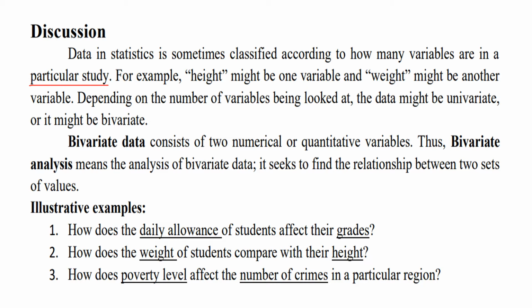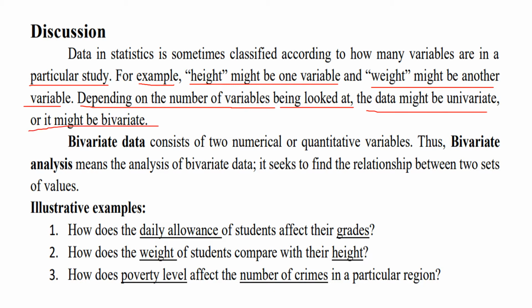For example, height might be one variable and weight might be another variable. Depending on the number of variables being looked at, the data might be univariate or bivariate. Univariate, once you are dealing with only one variable. Bivariate, once you are dealing with two variables.